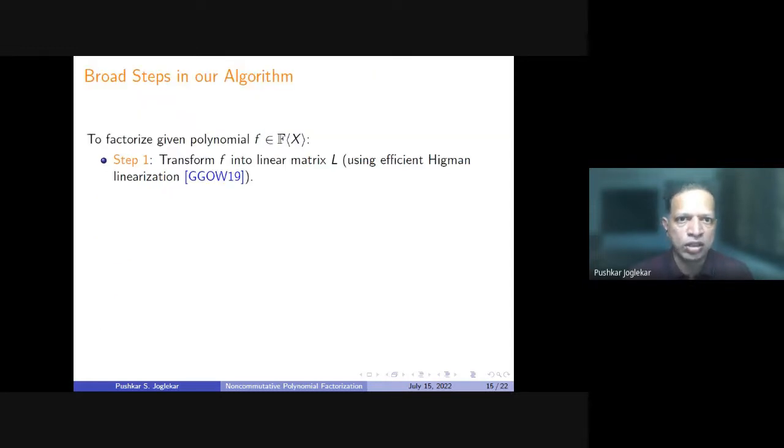Now we describe the broad steps of our algorithm. The first step is to transform f into a linear matrix L using the Higman linearization process. We want to do it efficiently, and for that we use a result by Garg, Gurvits, Oliveira, and Wigderson. By efficiently doing Higman linearization, I mean given a polynomial f as a formula, we want to compute entries of matrices P and Q as small algebraic branching programs, and that can be done using the result.